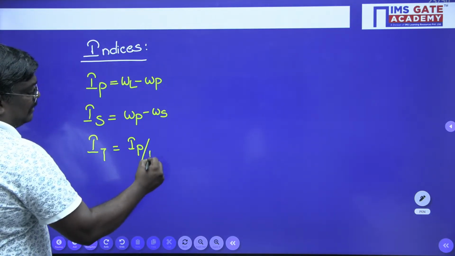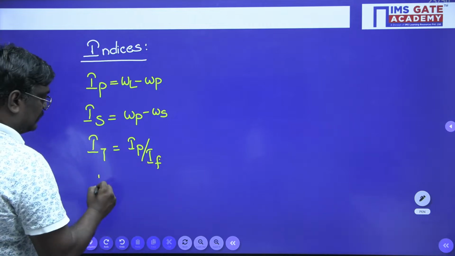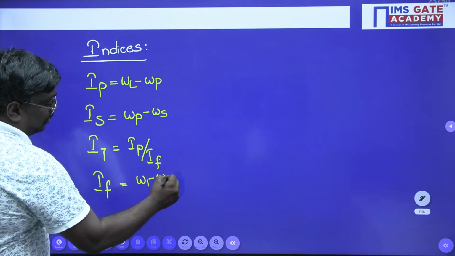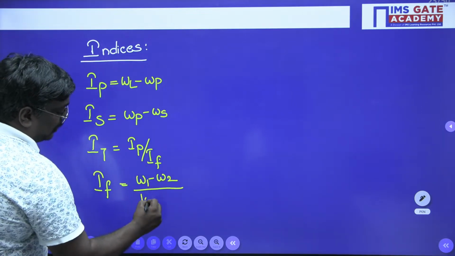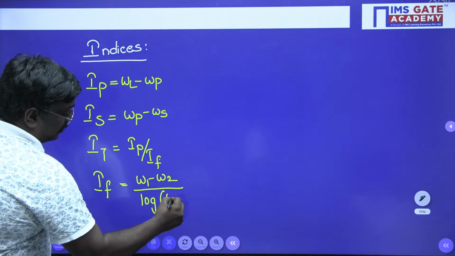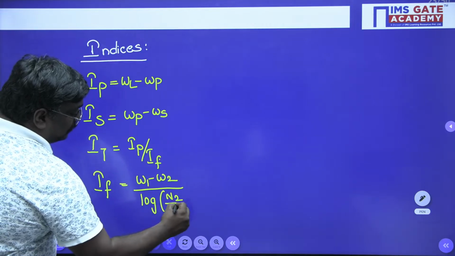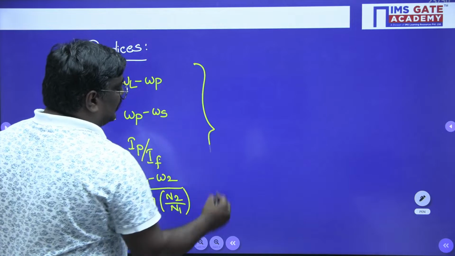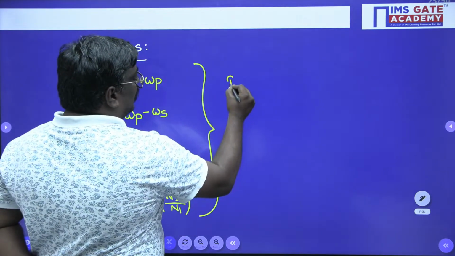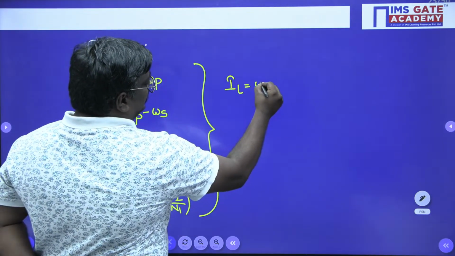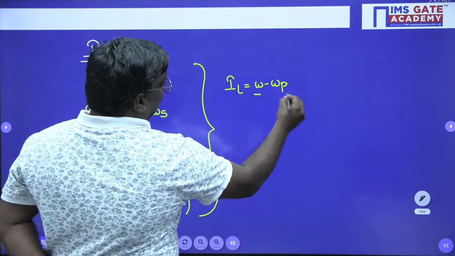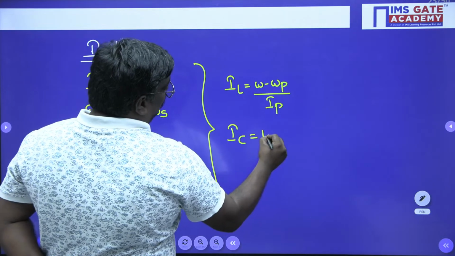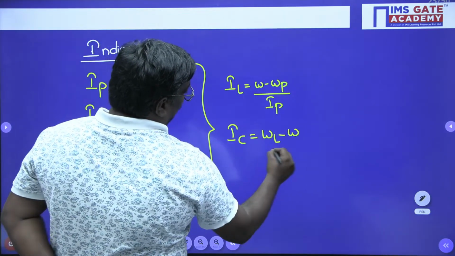We also studied the toughness index, which is equal to Ip by If. When I talk about the flow index, If is equal to (W1 minus W2) upon (log N2 upon log N1). We also studied the liquidity index, that is (W minus Wp) upon Ip, and the consistency index, (WL minus W) upon Ip.